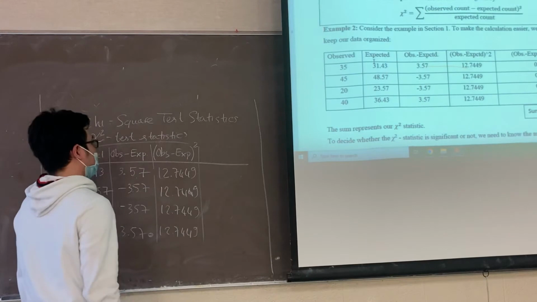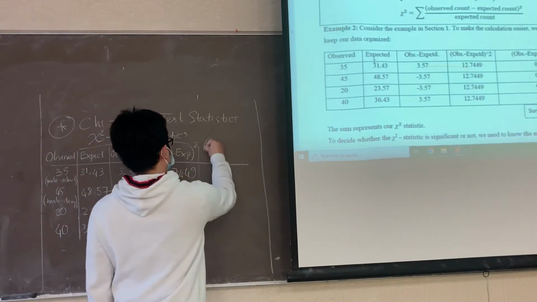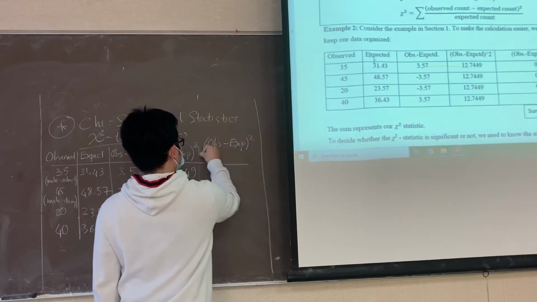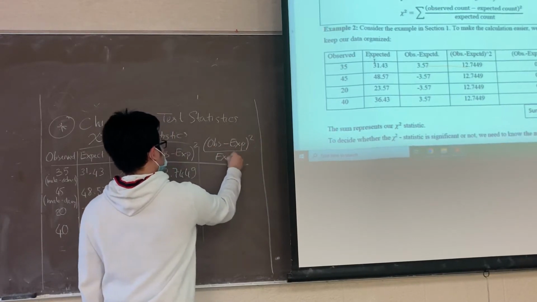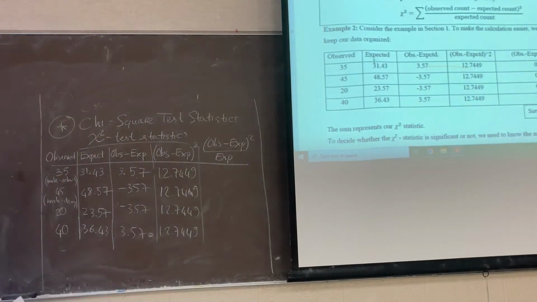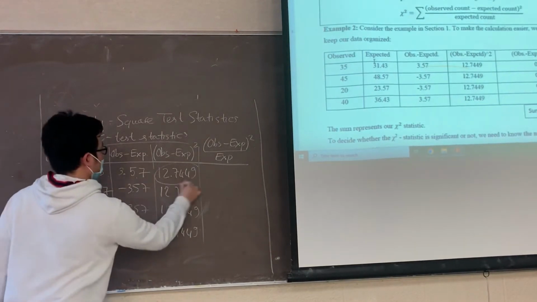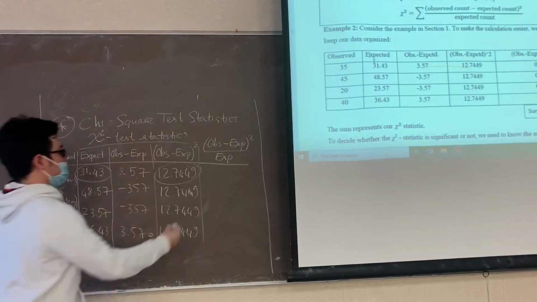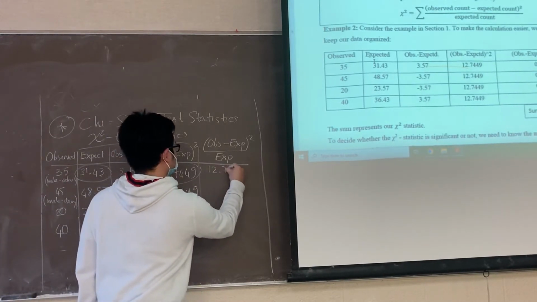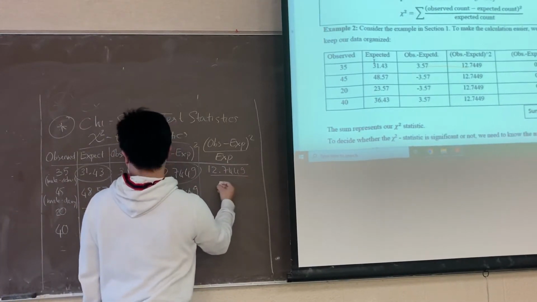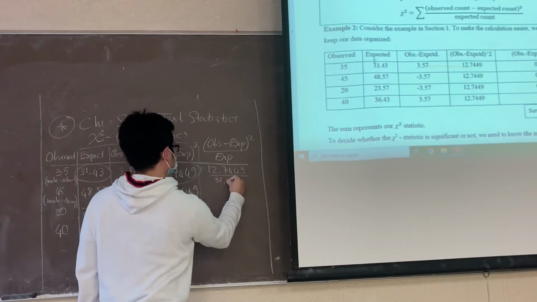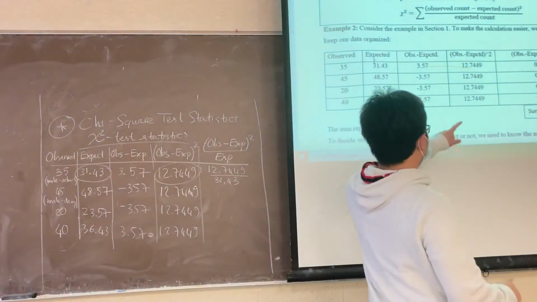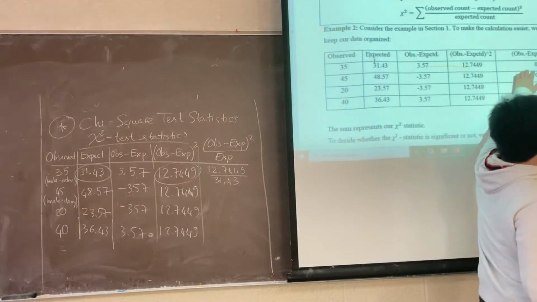And for the final column, we calculate the observed minus expected count squared, over the expected count. That means we take this value over this value, and the result will be 0.4.